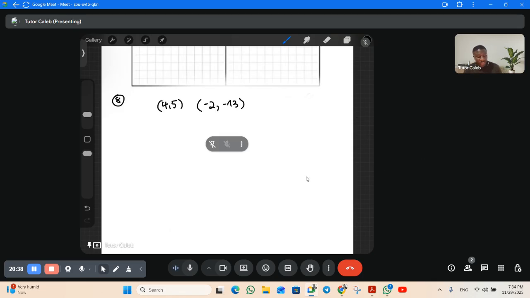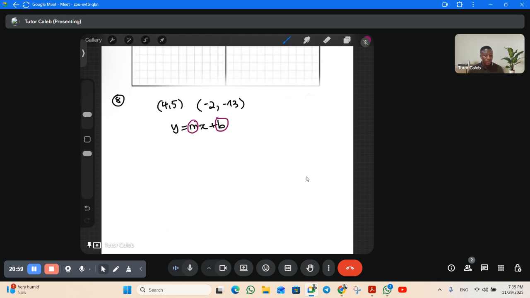Remember, to write the equation of a straight line y = mx + b, we need the slope and we also need the y-intercept. Those are the two things we need. So let's try to find that.